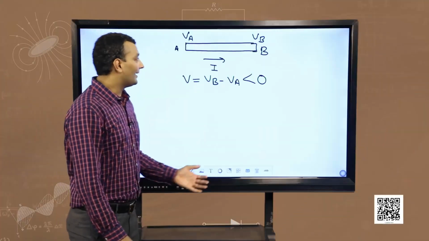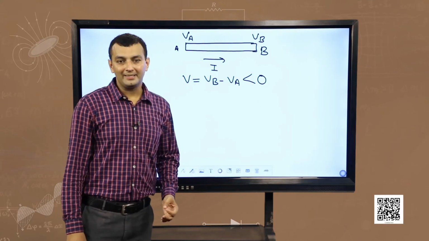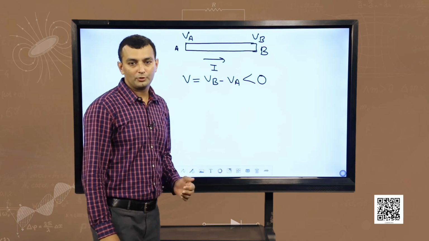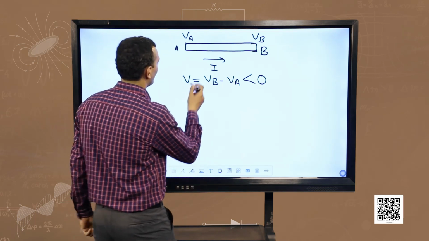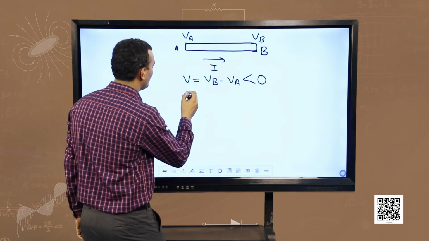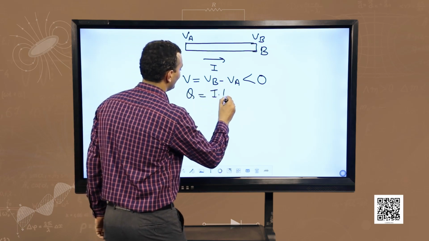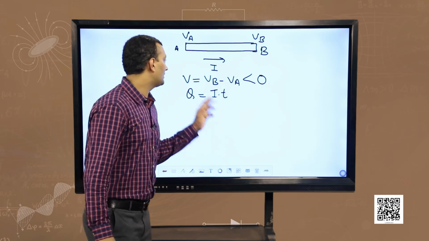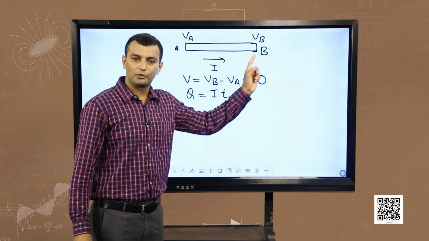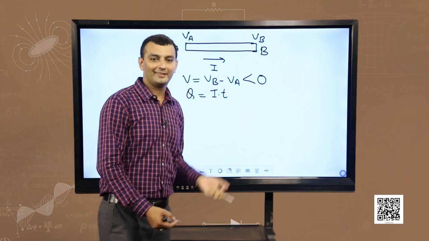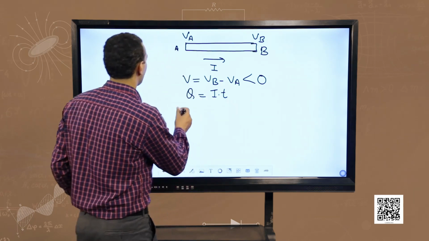Let us imagine a time interval T in which charge is flowing from A to B. In time interval T, if the current is I, then the charge flowing will be I into T. That is, in time T, this much is the charge which flows from A to B. Now this charge Q, when it was at A, had a certain potential energy.